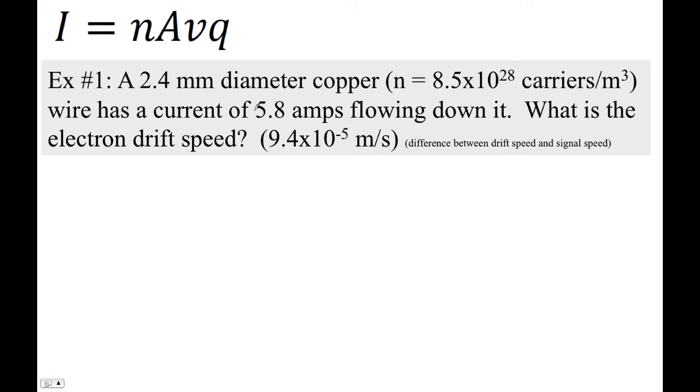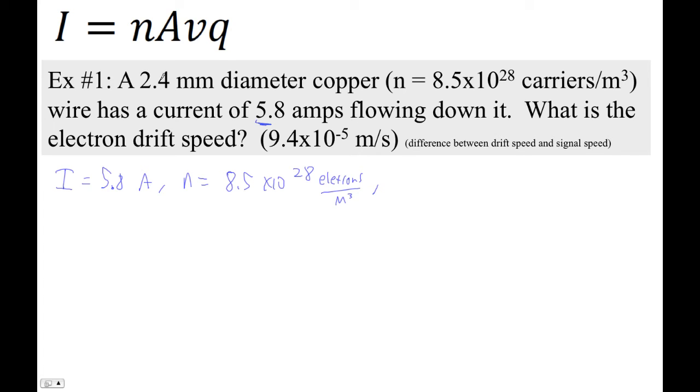Okay, so let's use this formula. A 2.4 millimeter diameter copper wire has a current of 5.8 amps flowing in it. What is the electron drift speed? So I is 5.8 amps. And then we are supposed to use 8.5 times 10 to the 28th electrons per cubic meter. That's at least a fairly large number.